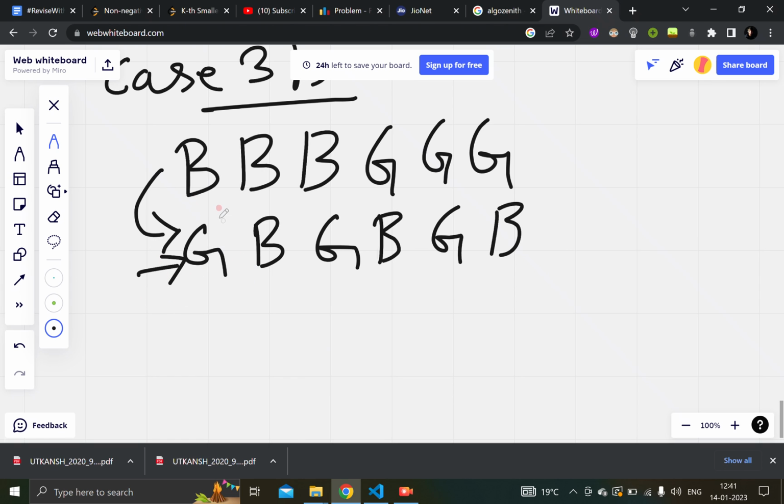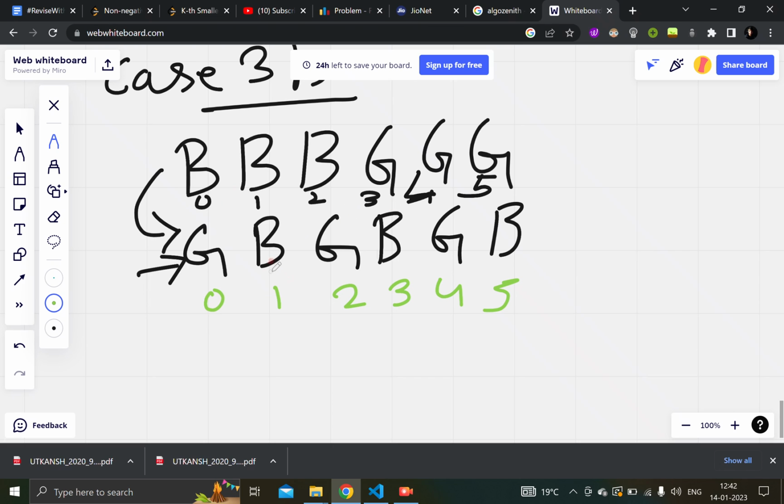So let us see. We can use the same concept which we have used earlier, that is, mark the indices. So here we have to take the boys from 0, 1, 2.